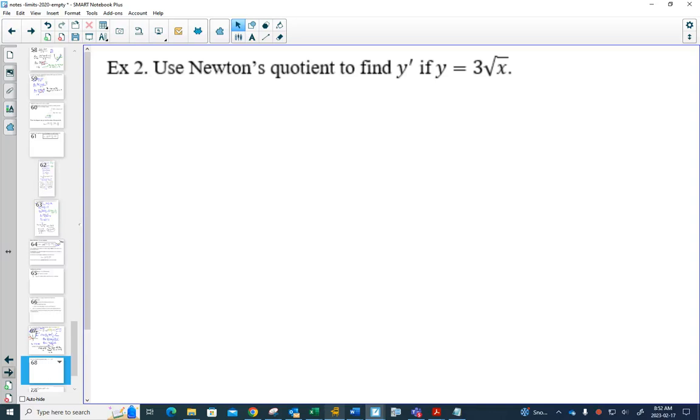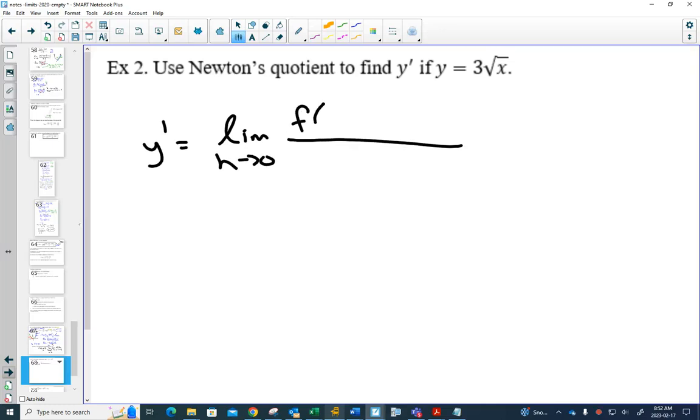So we get questions like y equals 3 root x. So I'll start by writing out the formula. The limit as h goes to 0 of f of x plus h minus f of x over h. Now the formula uses function notation.